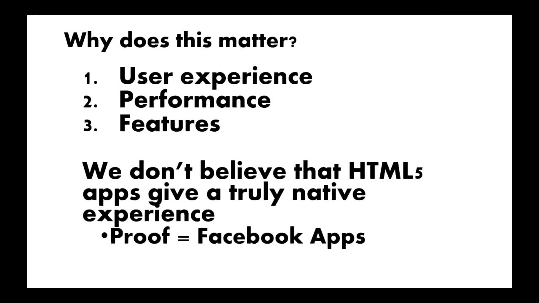They always feel just a little different, and sometimes they're great, but for many apps, it's not good enough. And the proof in that is the Facebook apps. Facebook was originally developing their apps as HTML5 apps within a cross-platform type of library, and they moved completely away from that, and they're building everything native. I would argue that they should have chosen Xamarin, because they can do everything with native performance and get the cross-platform benefits.